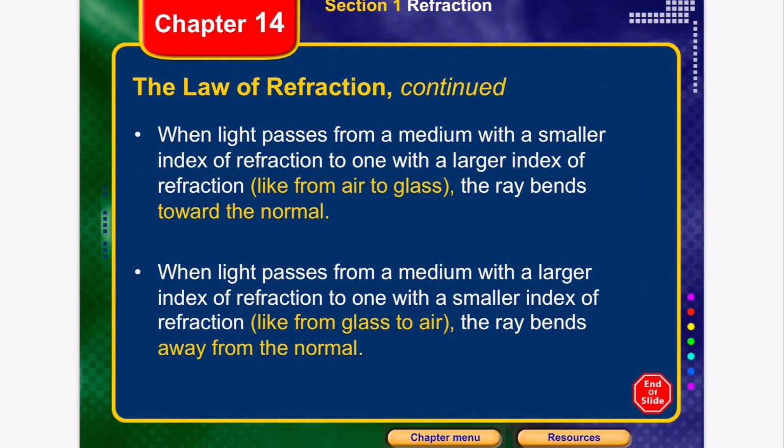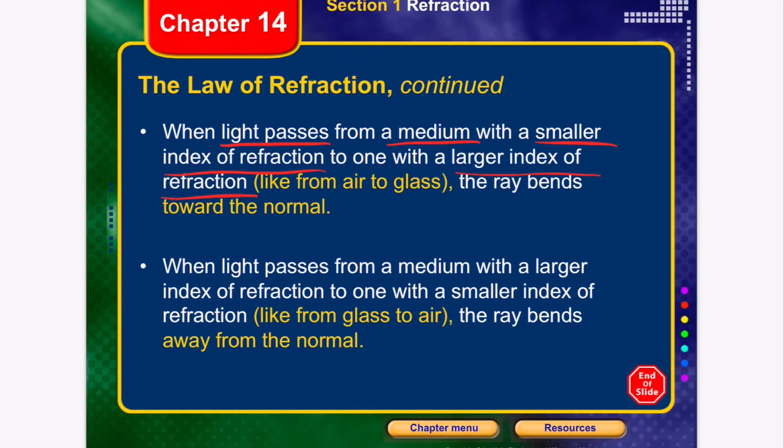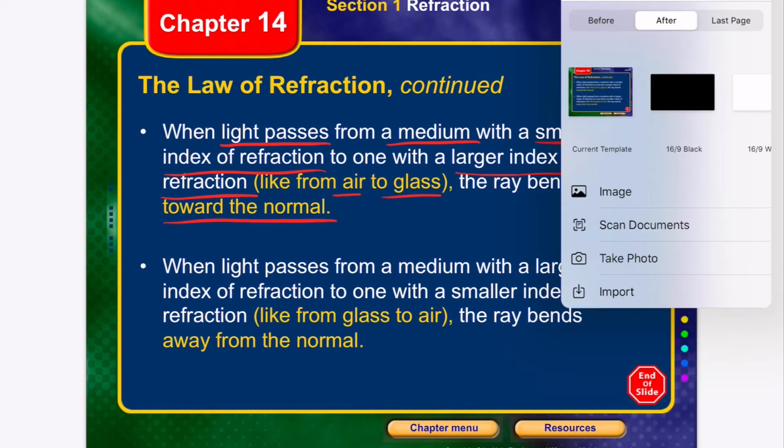Now, this is the idea here. The law of refraction basically states what we discussed in the topic of refraction: when light passes from a medium with a smaller index of refraction to one with a larger index of refraction, for example from air to glass, the ray bends towards the normal. When it does the opposite, for example, let's say you have N1 and N2, so you're taking two media.